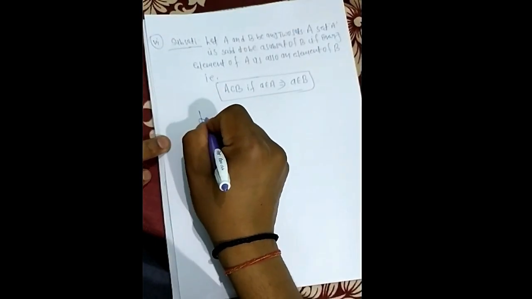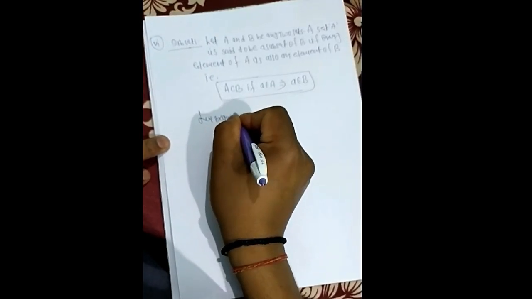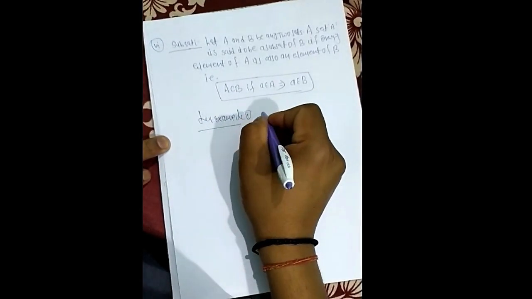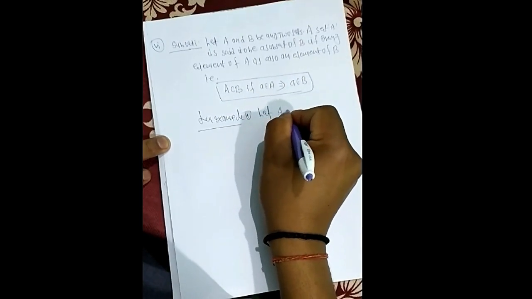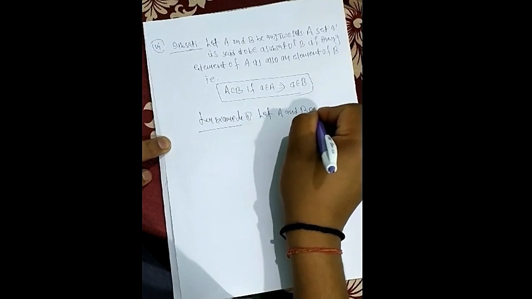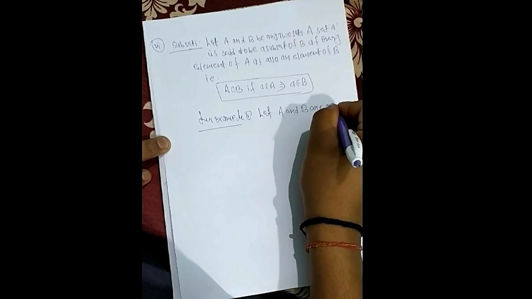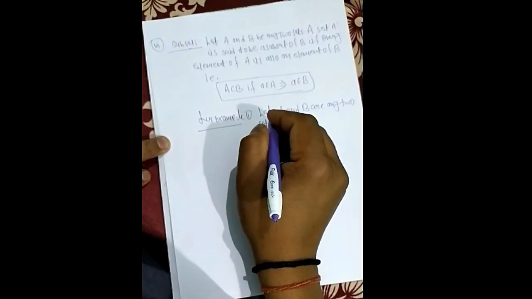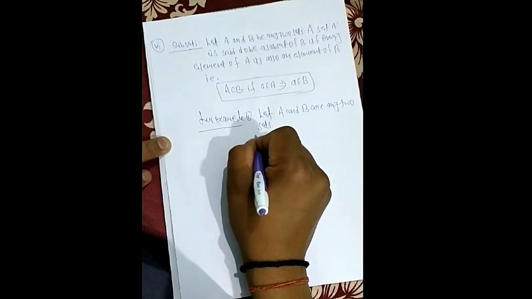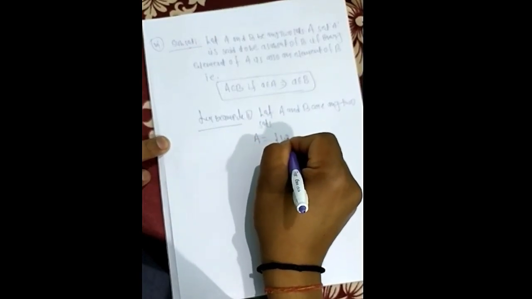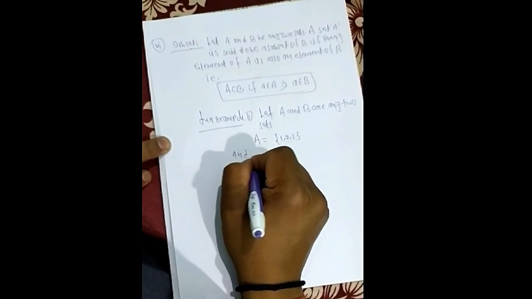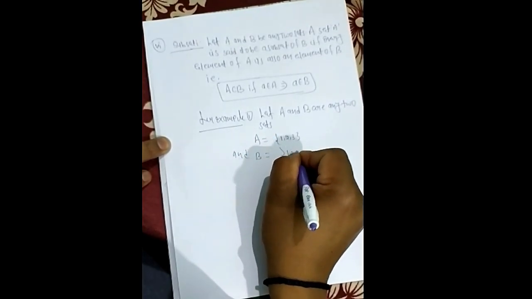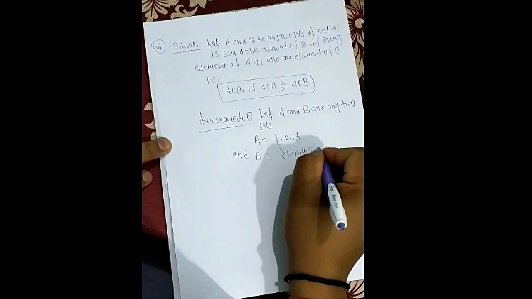For example, first let A and B be any two sets. A is equal to 1, 2, 3 and B is equal to 1, 2, 3, 4, 5.